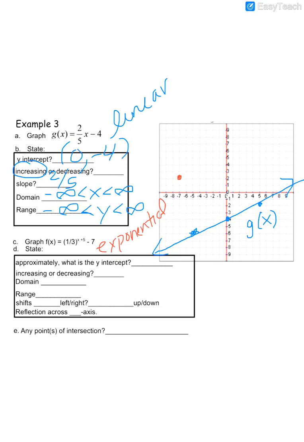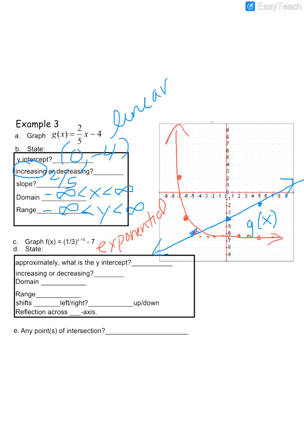What's next? -6, -4. -5, -6. There's my point of intersection. -4, -6 2/3. So basically it's getting really close to -7, but it doesn't ever really touch it, although this calculator seems to think that it does. It is not.